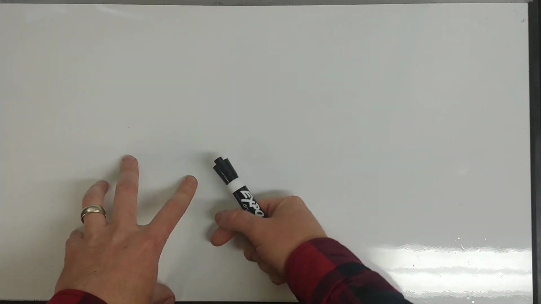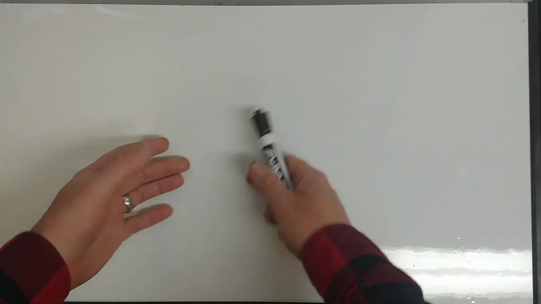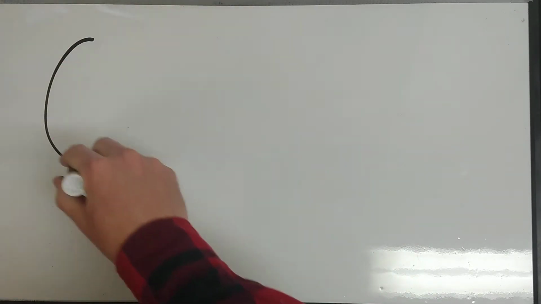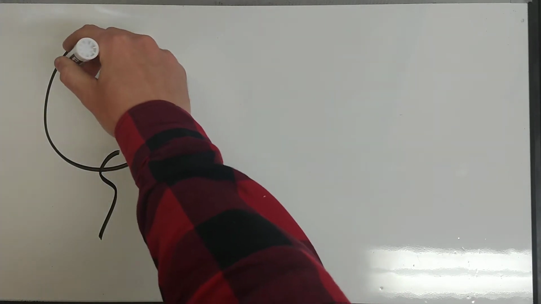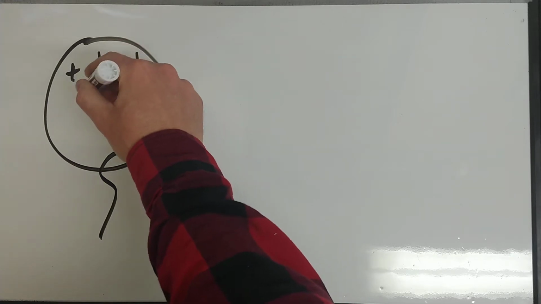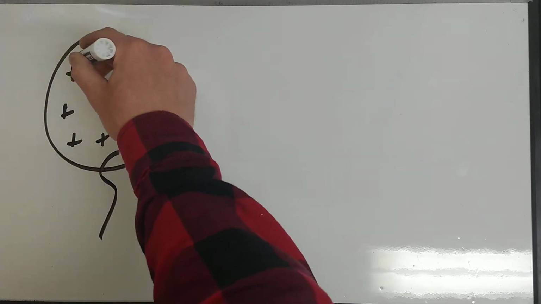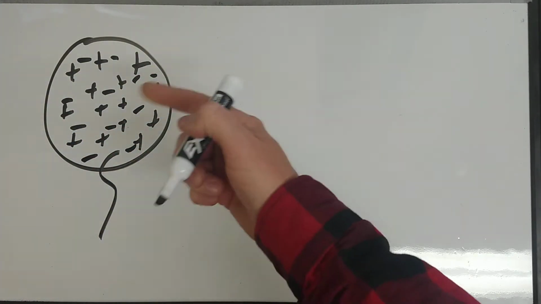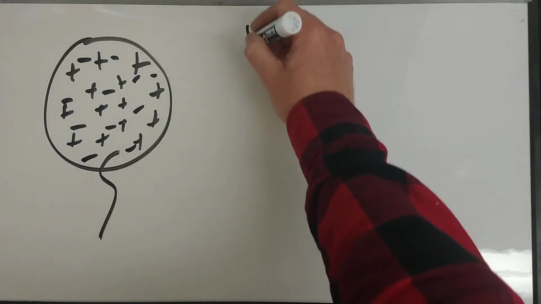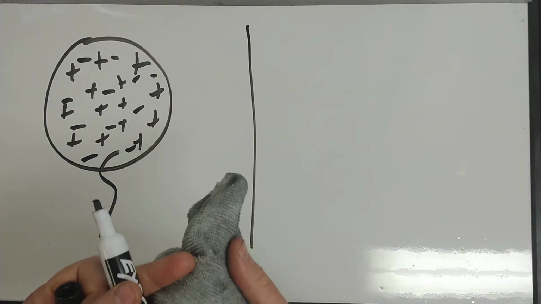So with static electricity, we don't literally see things with plus signs and minus signs on them, right? We don't see that. We just see the objects. But what those plus and minus signs are representing are protons and electrons essentially.